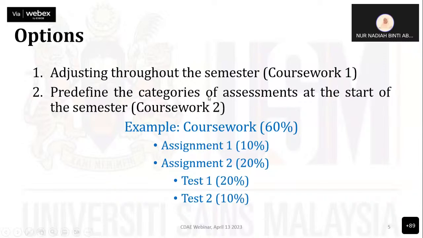And then option number 2, we predefine the categories. We put all the baskets with the appropriate weights in the beginning of the semester. So throughout the semester, we are just filling in the baskets. That's what I'm going to do with coursework number 2 later on. From 2017, I've been doing option number 2.